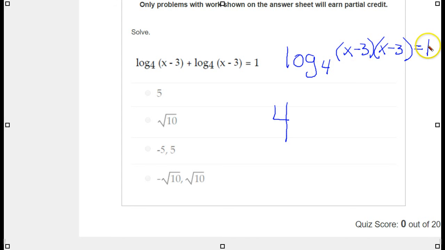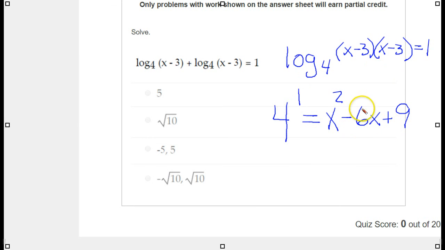What is our exponent? Our exponent is 1. And what is our answer? Well, it's this, which is a binomial, in a sense squared, which is x squared minus 6x plus 9. I'm just foiling this to get this.